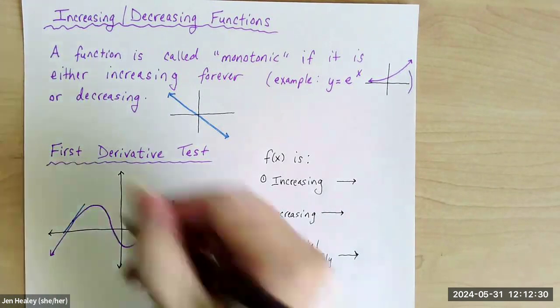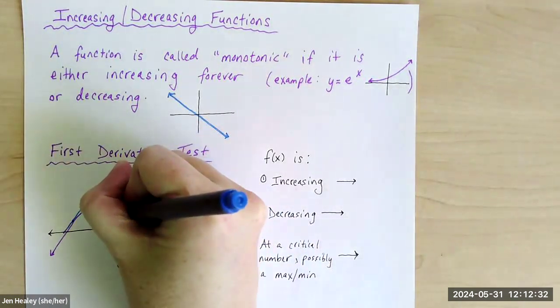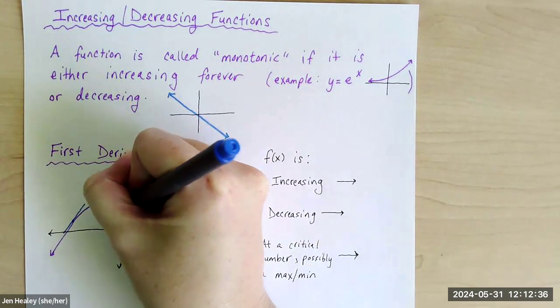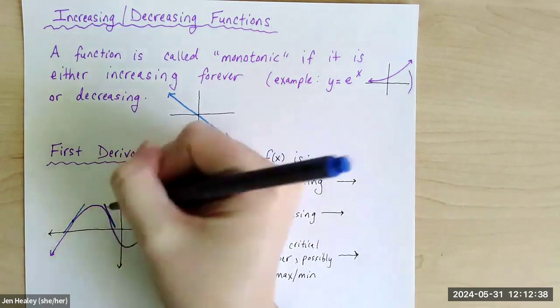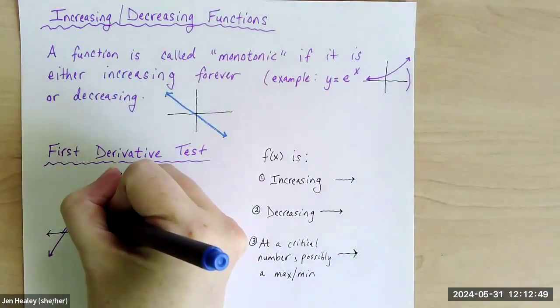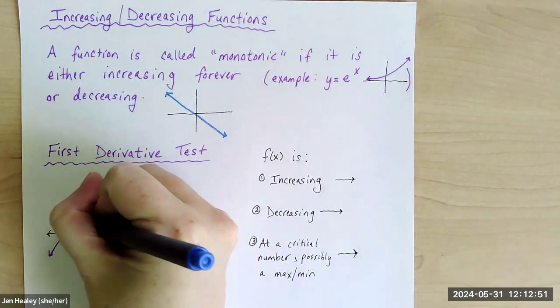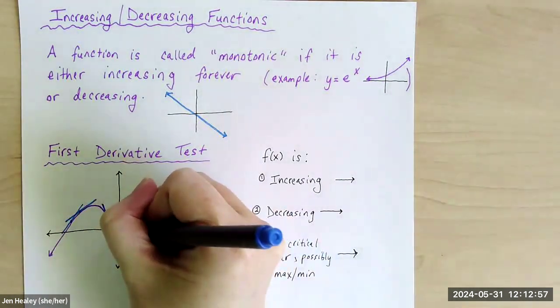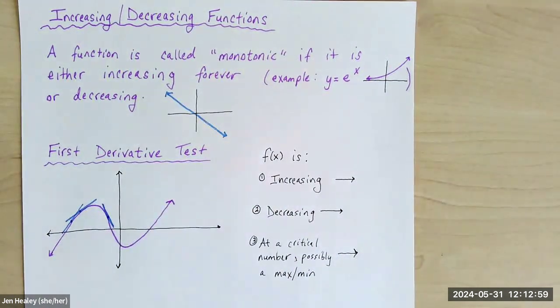But if I ask you for the derivative right here, I'm asking you for the slope of the tangent line at that point, and that's going to be a negative slope. If the derivative is positive, that's always going to happen on places on the graph where we're increasing. If I draw another point there and find the tangent line, that's also a positive slope. But if I'm coming on a side where I'm decreasing, they're going to have negative slopes.